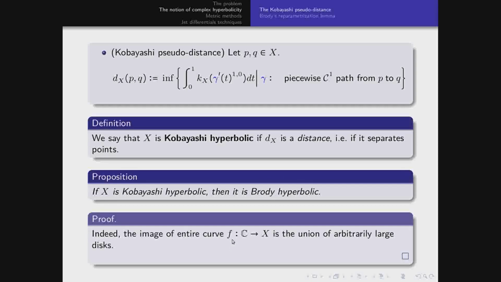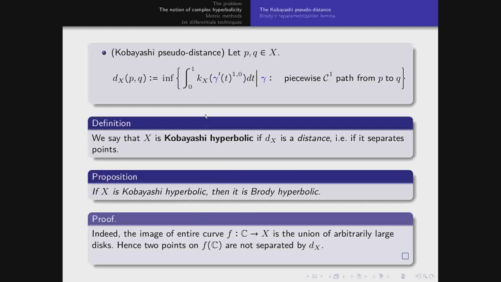And I say that the image of any entire curve is the union of arbitrarily large disks. Simply take the image of the disks of radius r centered at 0 inside C and let r go to infinity. And this proves that k_X applied to tangent vectors to your image f(C) will be 0.